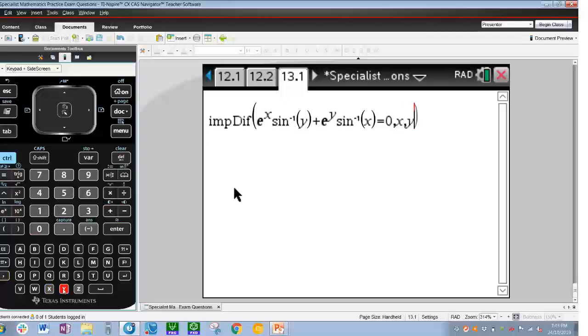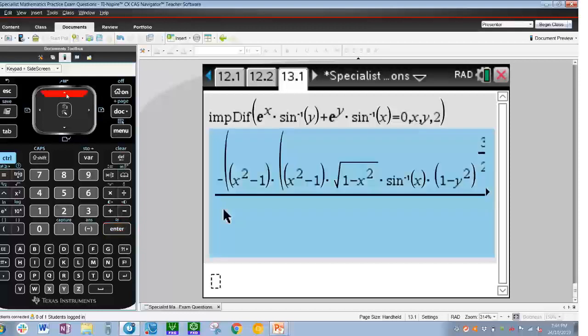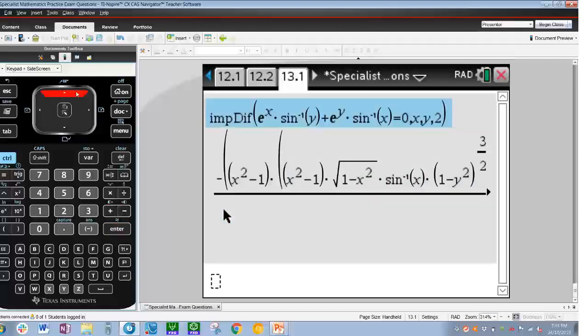Now if I press enter, I will get the first derivative. I want the second derivative, so I simply have to press comma 2. That comma 2 is the order of the derivative. So second order means the second derivative. I press enter, okay, and I get the function which represents the second derivative. However, I don't want the actual function. I want the value at x equals 0, y equals 0.